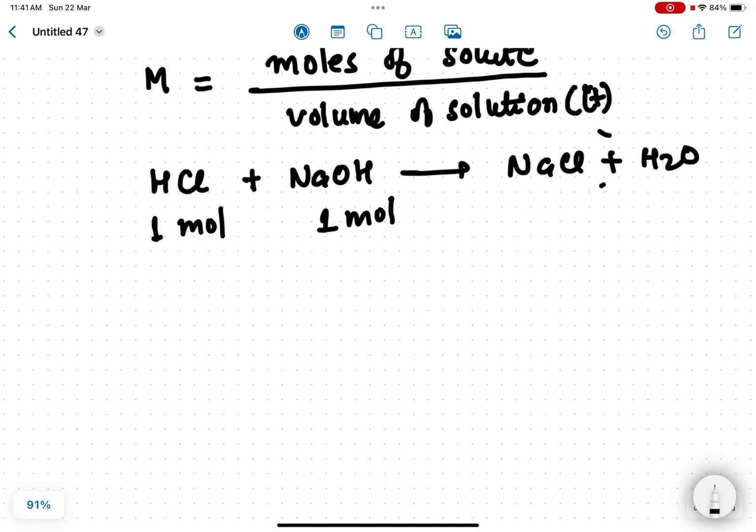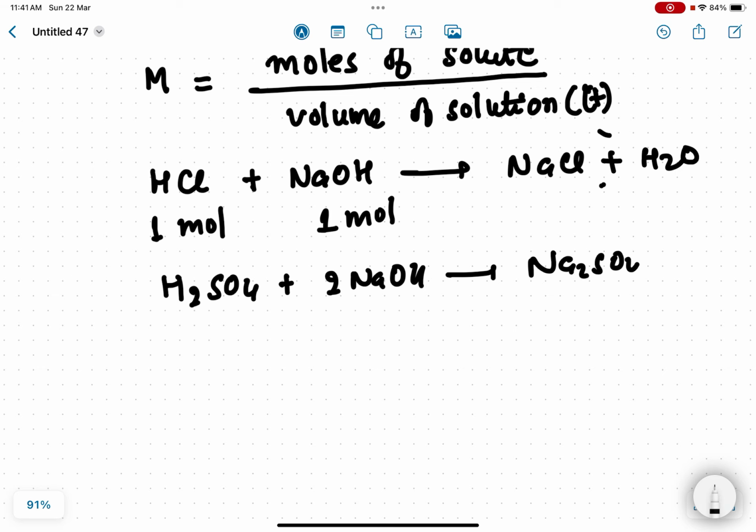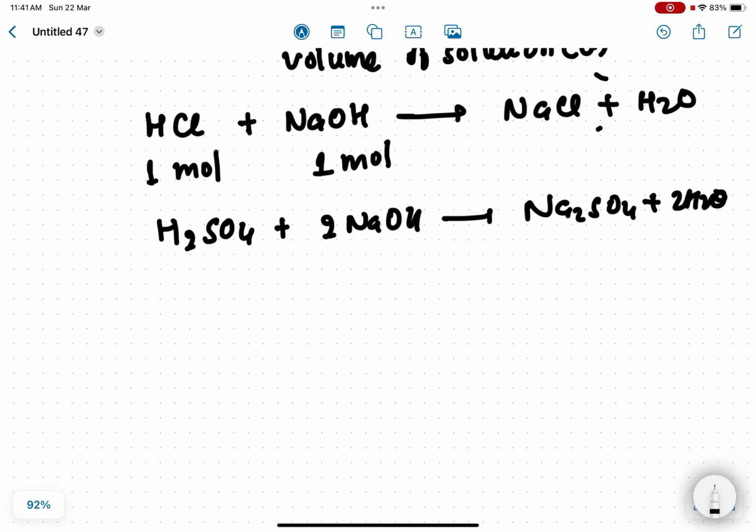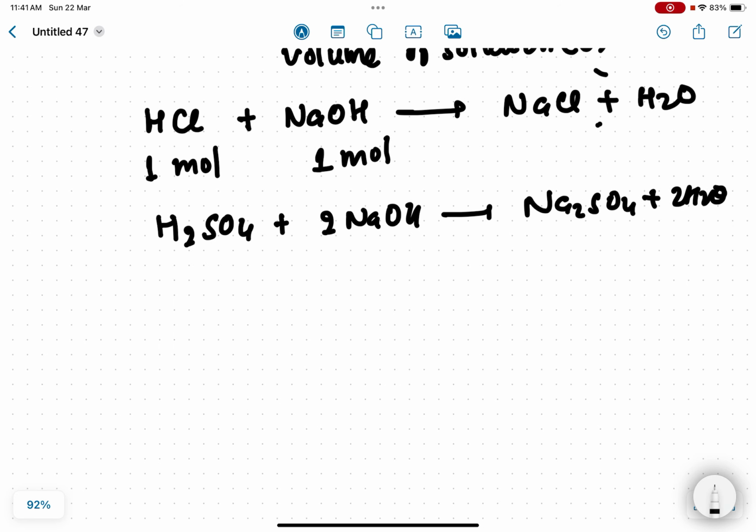Well and good. But if we take another example, H2SO4 plus 2 NaOH will give Na2SO4 plus 2H2O. Now 1 mole of H2SO4 will react with 2 moles of NaOH.